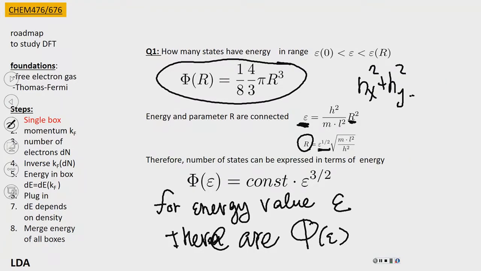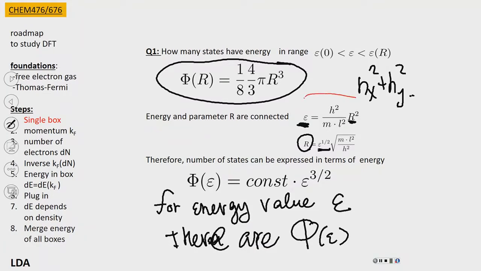You agreed that you can find energy as a function of this radius in this space of quantum numbers, right? But you can do the opposite. You can find radius as a function of energy. Make sense? So you can invert.